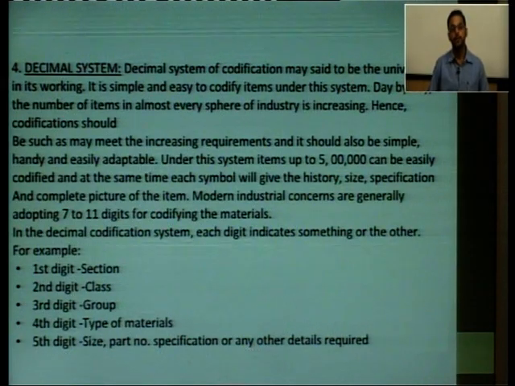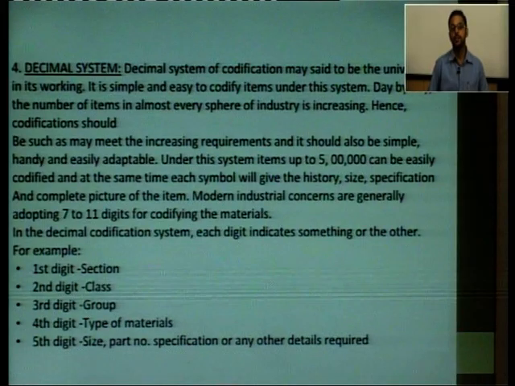Let us take an example here also. The first digit gives you the section, second digit the class, third digit the group, fourth digit the types of materials, and fifth digit gives size, part number and any other details that may be required.